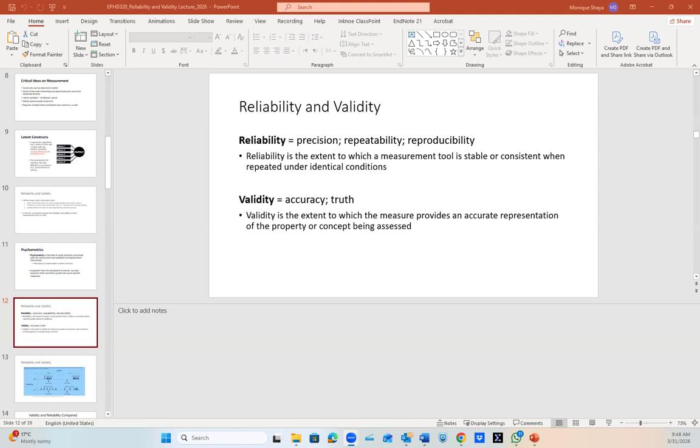It's only one measure of reliability. Internal consistency is about reliability of the scale itself internally, how the items correlate with each other. It's not about consistency over time.